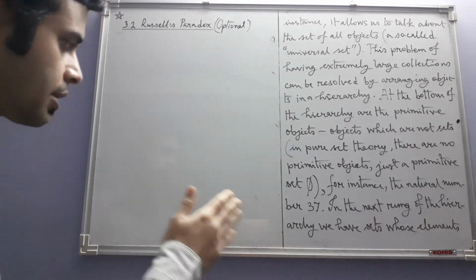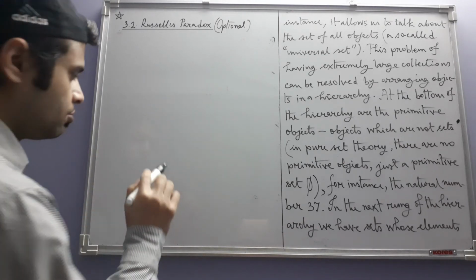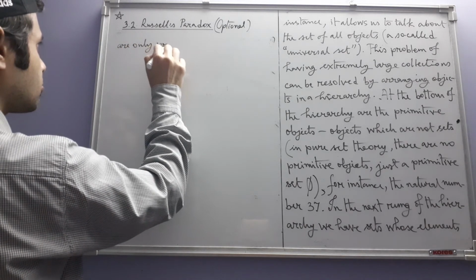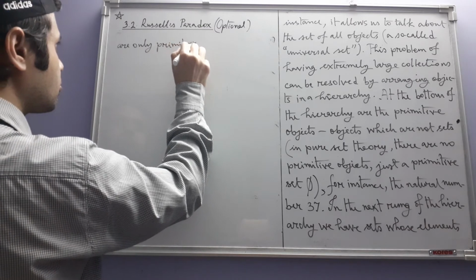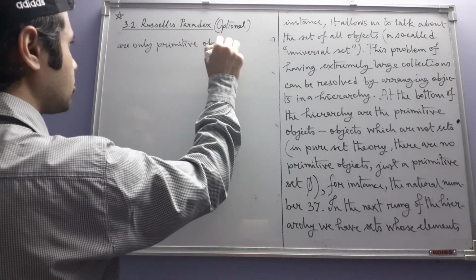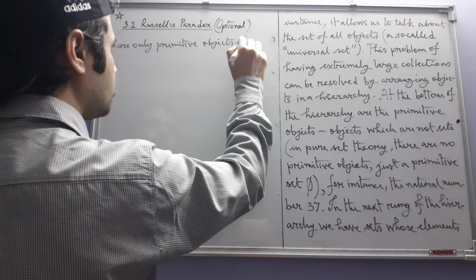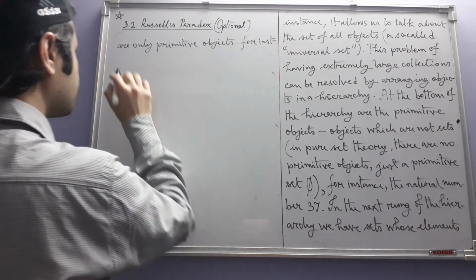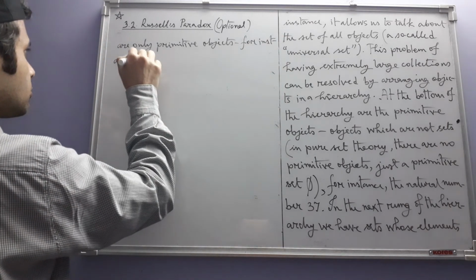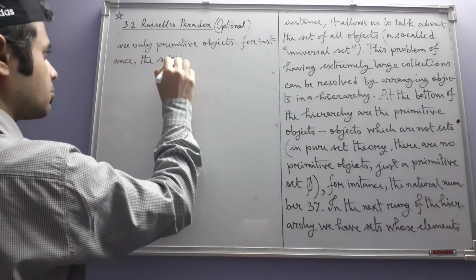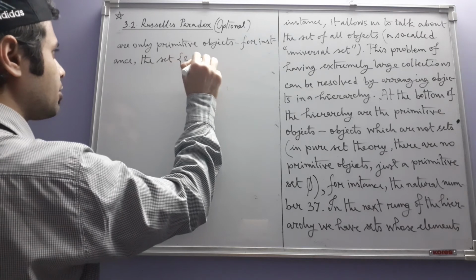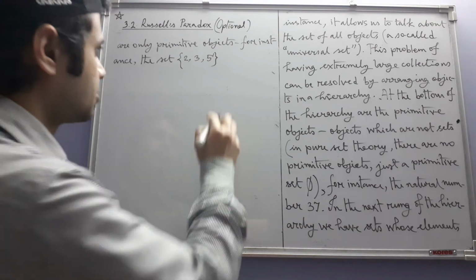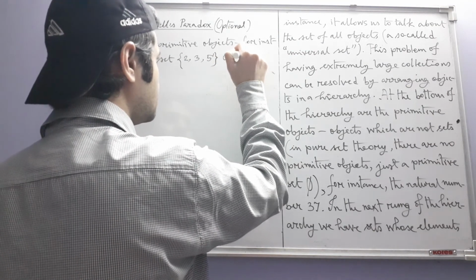So in the next rung we have sets whose elements are only primitive objects. For instance, the set 2, 3, 5, it's a set whose elements are primitive objects, or the empty set.